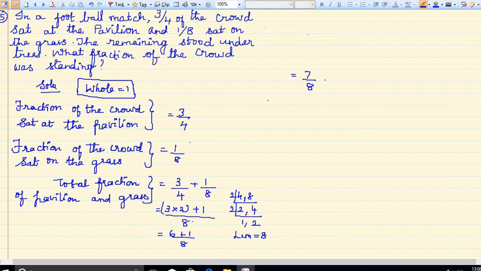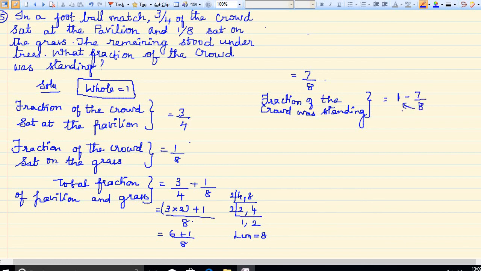Now I am going to find out the fraction of the crowd was standing. Fraction of the crowd was standing is equal to, I am going to subtract this from 1. The 7/8 I am going to subtract from 1. So 1 minus 7/8.